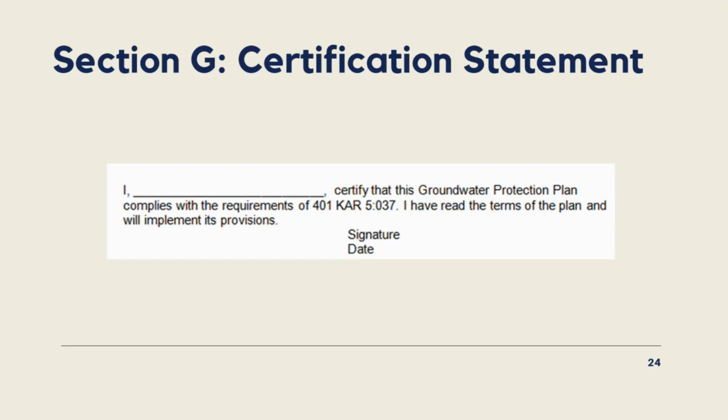It gets left out all the time, and if you submit one that doesn't have this, I'll just email you back, say, hey, can you sign this statement for me and attach it to your GPP? It's not a big deal. It's just this way we know you've read through the statute.